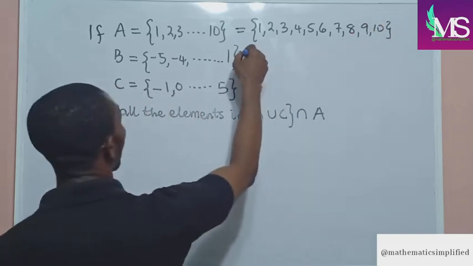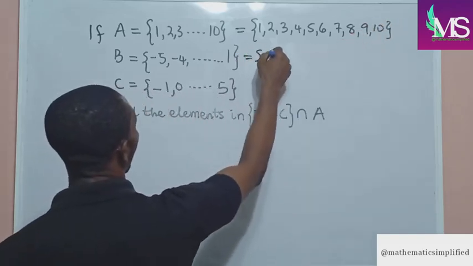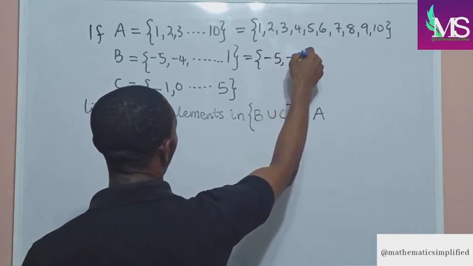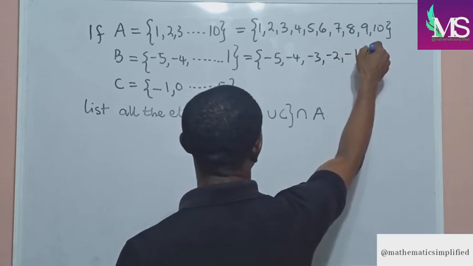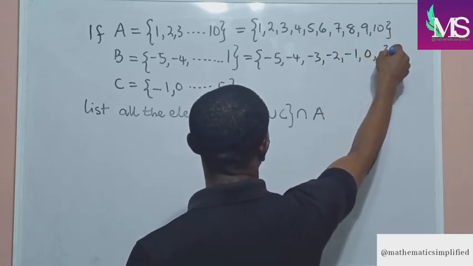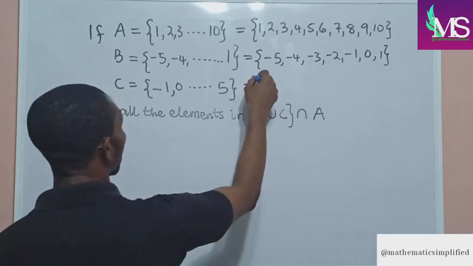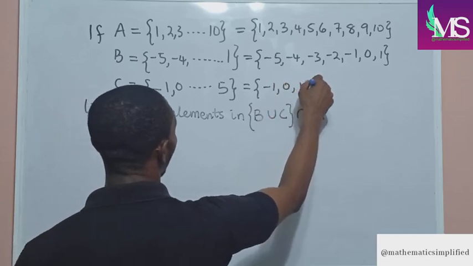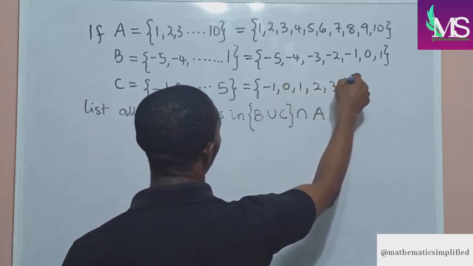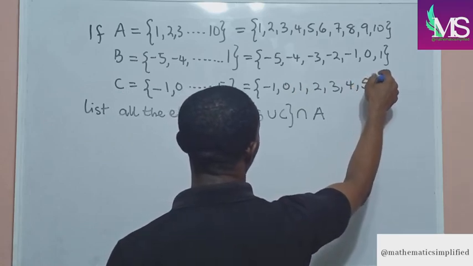Elements in B will become minus 5, minus 4, minus 3, minus 2, minus 1, 0, and 1. And elements in C will be minus 1, 0, 1, 2, 3, 4, and 5.